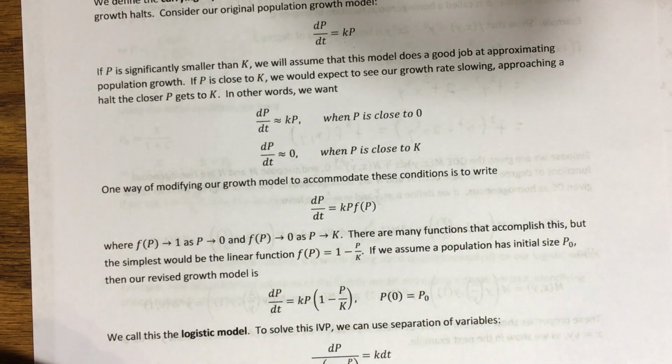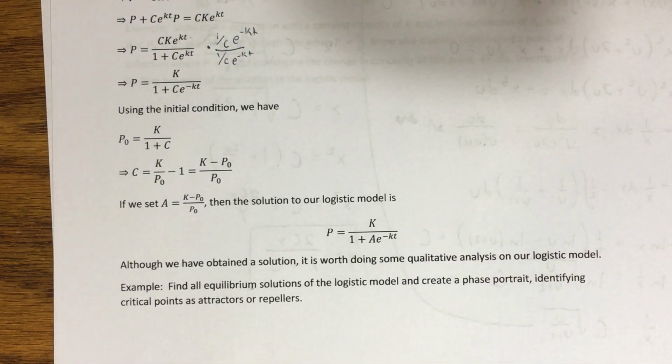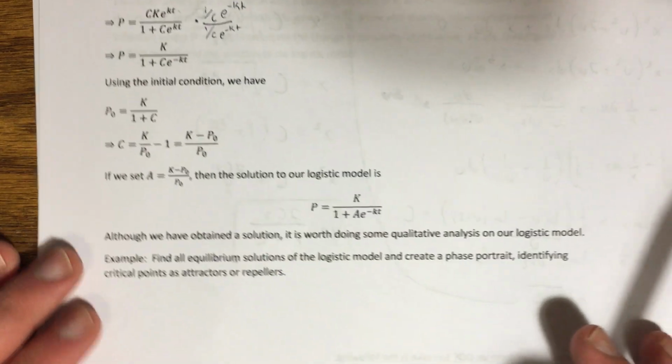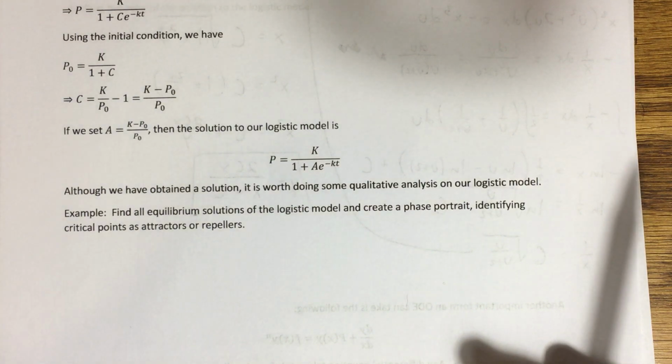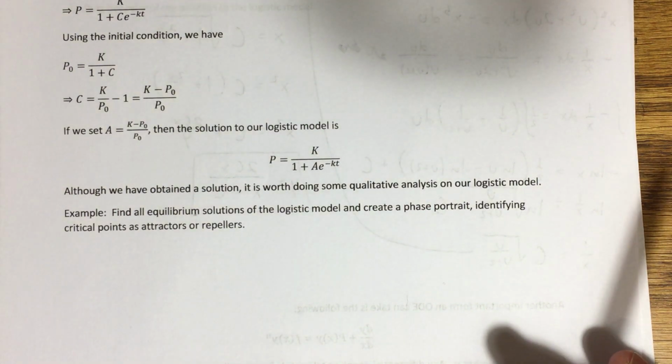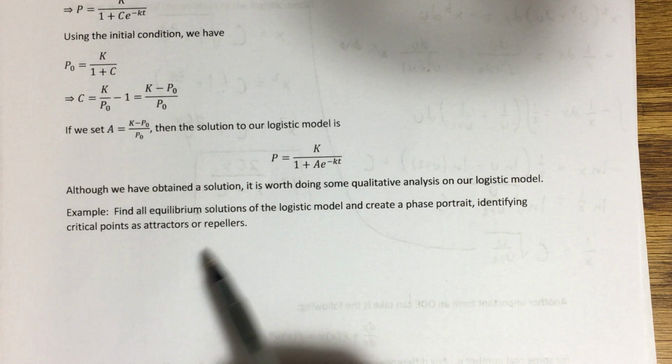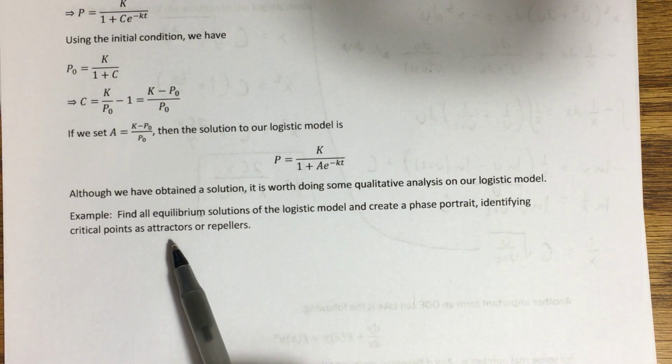And if you remember back in 1.3, we talked about the fact that most applications that we look at, at least at this level, at this part of the book, are going to be autonomous. And in section 2.1, we talked about how we analyze autonomous equations. We look for critical points, we look for equilibrium solutions, and we create phase portraits. I'd like to do that for my logistic model.